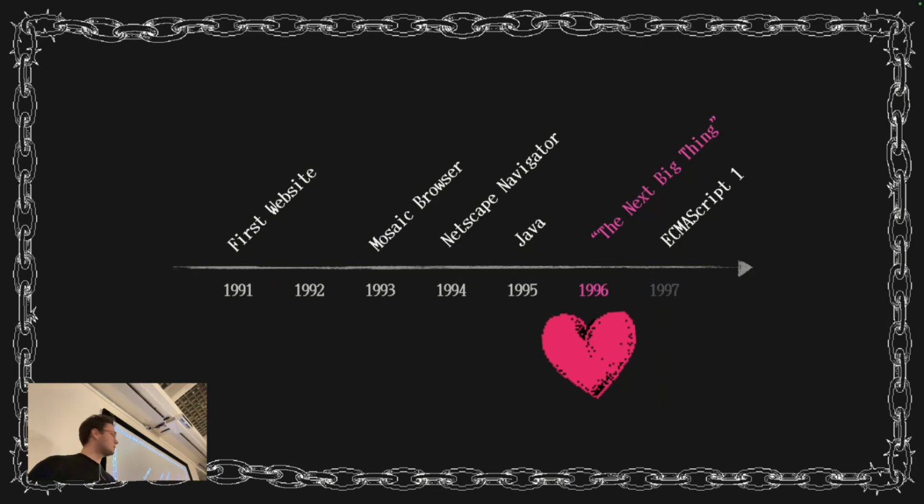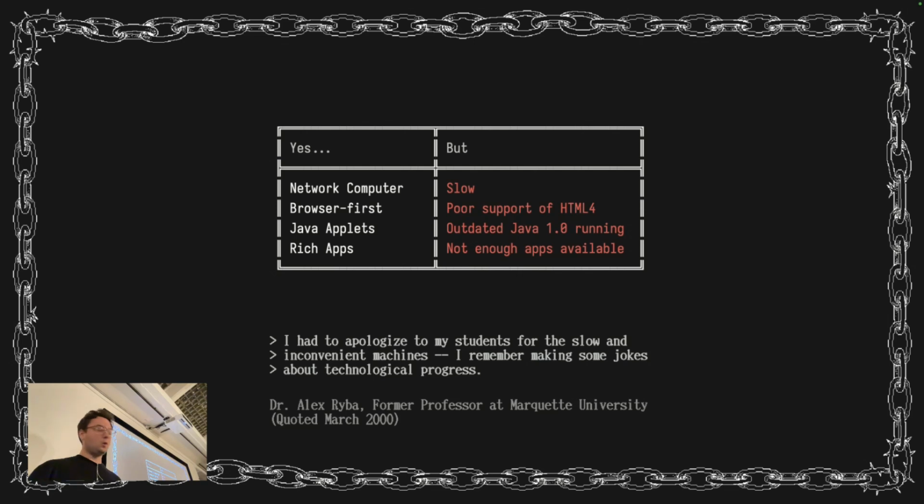This was really revolutionary, and really ahead of its time, because it was even a year before JavaScript was standardized. But unfortunately, the next big thing didn't happen, and it completely flopped. And Sun had to shut it down. Why did it flop? Well, there were lots of complaints from users saying that it was slow.